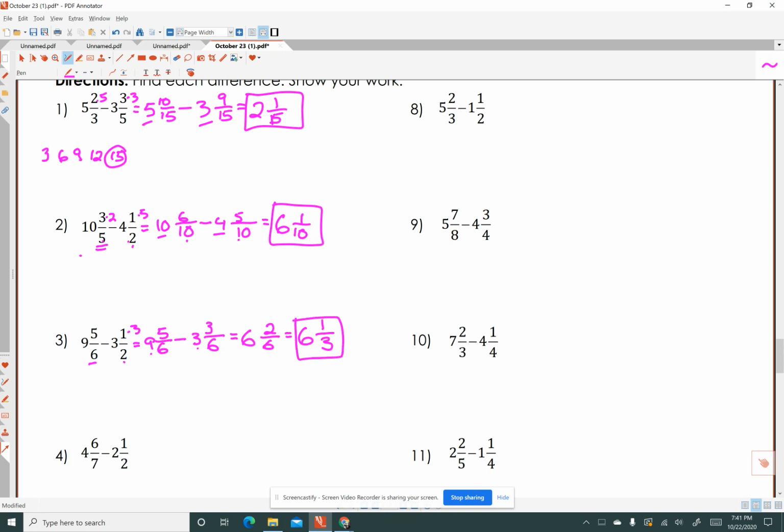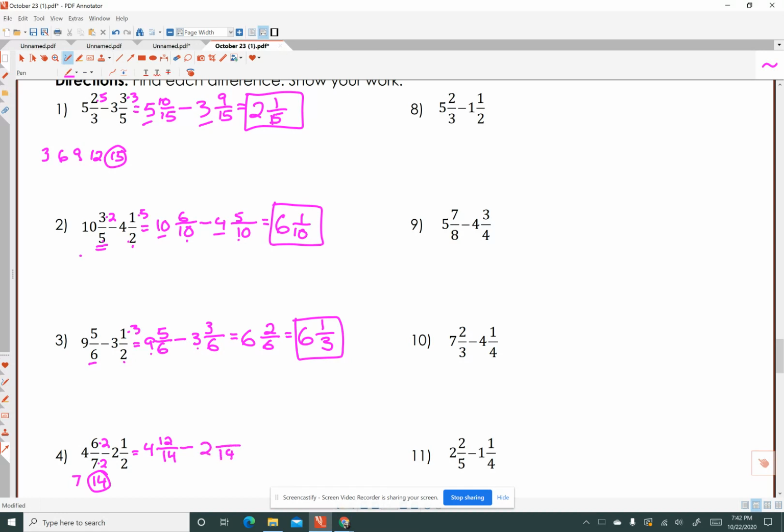And number 4, we're going to have to find a new denominator for that. So 7, multiples of 7, 7, 14. Well, any even number is a multiple of 2. So 14 will be our new denominator. So we will have 4. 7 times 2 is 14. 6 times 2 is 12. Minus 2.